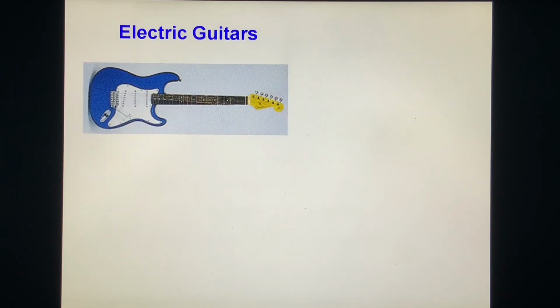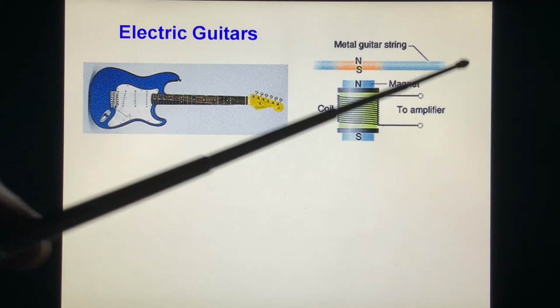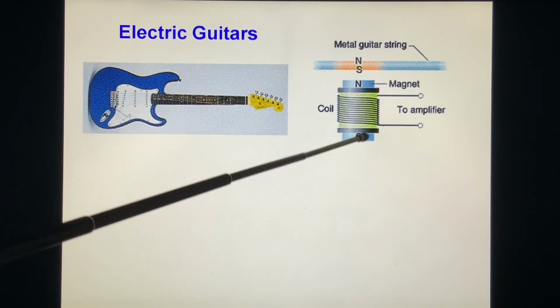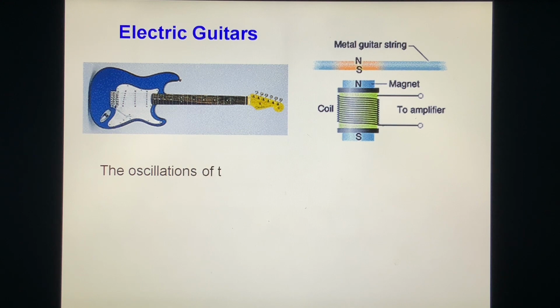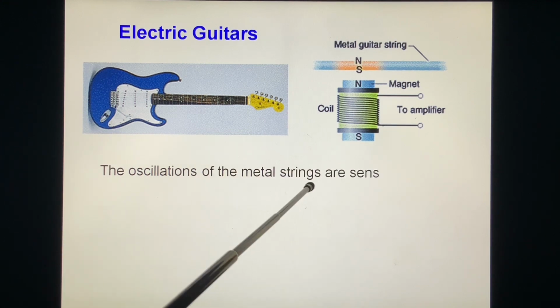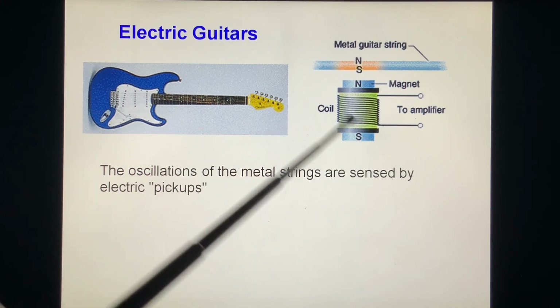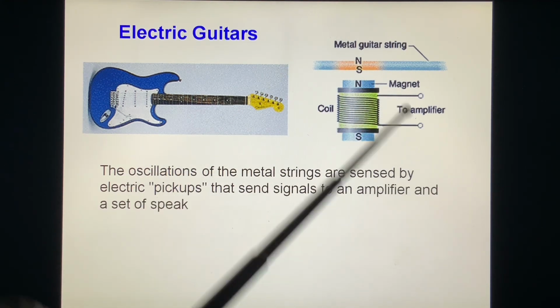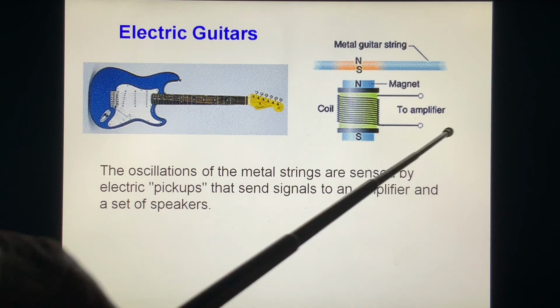Electric guitars. We see a lot of electric guitars at galas and concerts. This is a metal guitar string. This is the coil with a magnetic field. The oscillations of the metal string are sensed by the electric pickup, which sends the signal to an amplifier and a set of speakers.